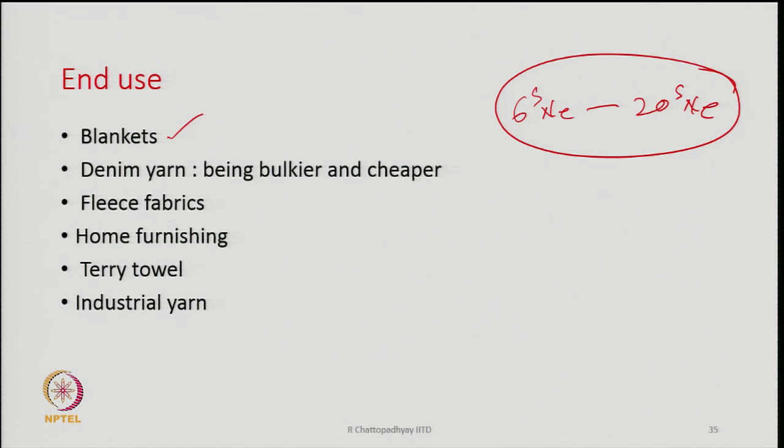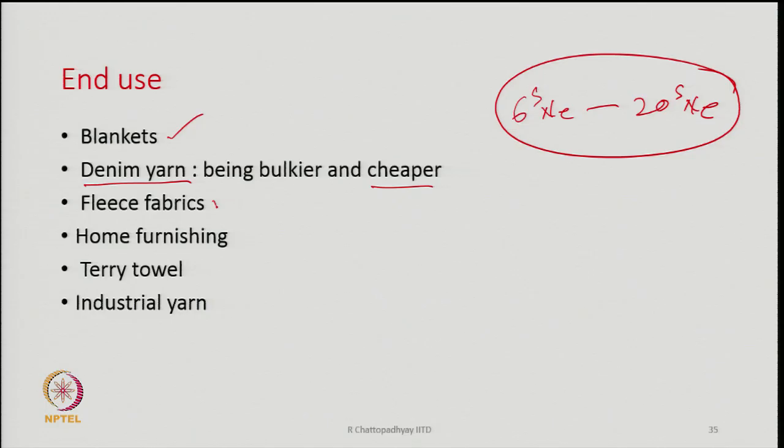So, blankets is one place, denim is another, where these rotor yarns are very much used, though ring yarns are also used for denim, but rotor yarns can also be used because we can spin coarse yarns, and denim needs coarse yarn because we want to produce high GSM fabrics. The yarns are bulkier, and the other thing is that commercially they are cheaper, therefore, they are very suitable for this.